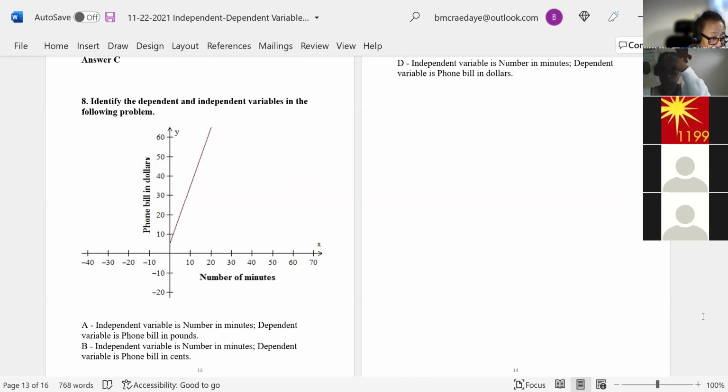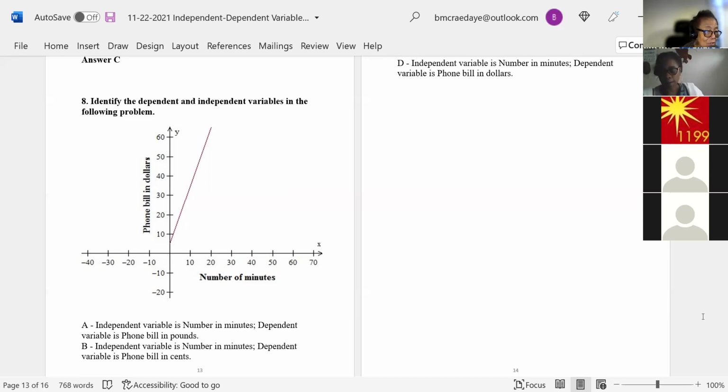So the dependent variable is what? I would say the phone bill. Yeah, what's the dependent variable then? You just said what you pay on your phone bill is dependent upon your number of minutes. So what's your dependent variable?